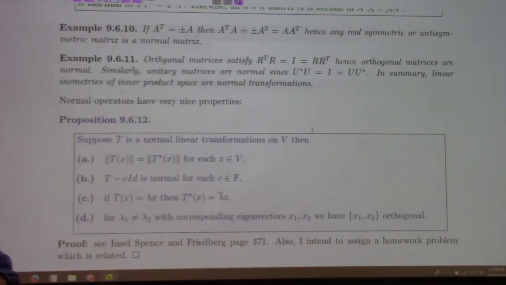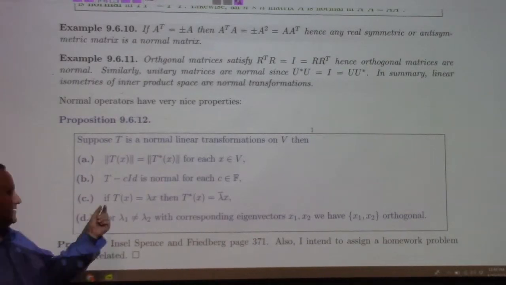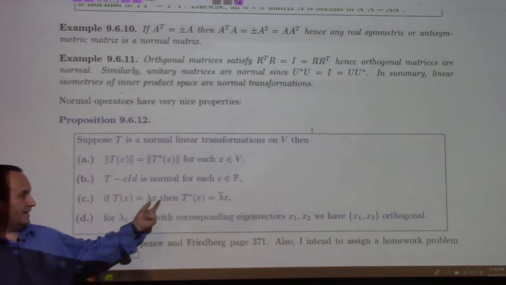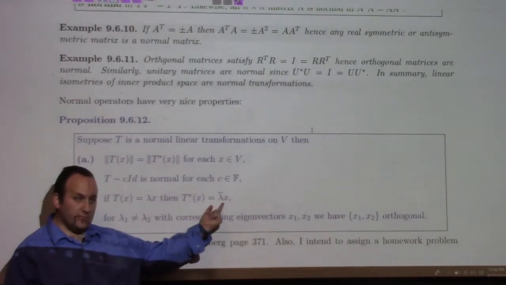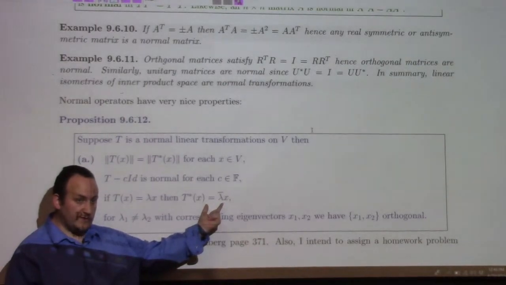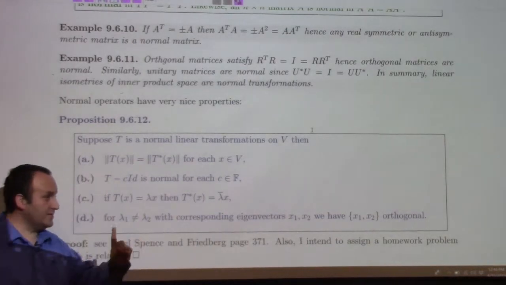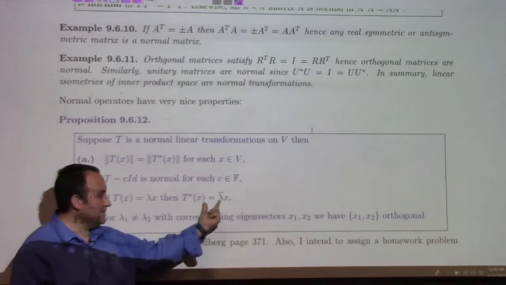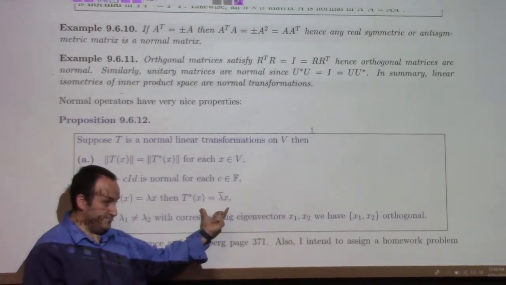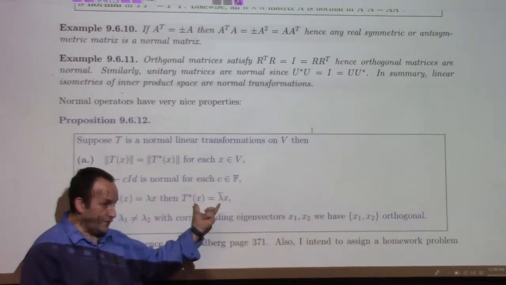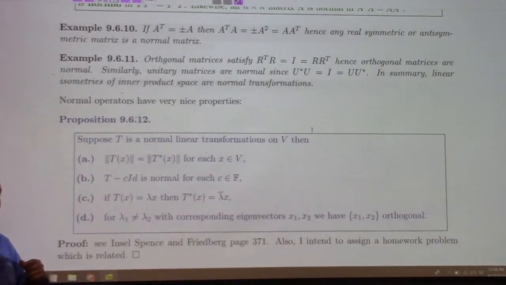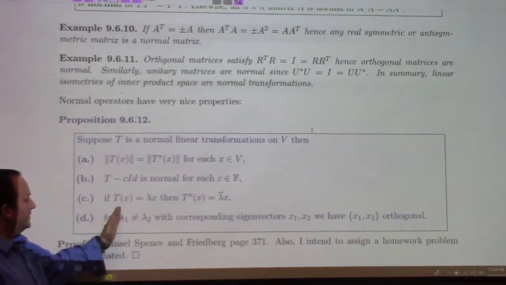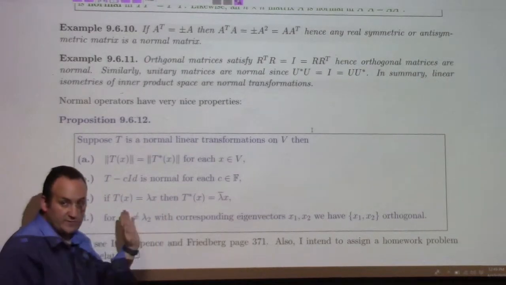This is stronger than the theorem I just shared with you, because I'm not only saying that if lambda is an eigenvalue, then lambda bar is an eigenvalue for the adjoint of the transformation. I'm saying that that same vector x, that's the eigenvector for T, is the lambda bar eigenvector for the adjoint. That's stronger than the theorem I just proved for you because it says that there's a connection between the eigenvectors: the eigenvector serves both as an eigenvector for T and its adjoint, just with different eigenvalues.